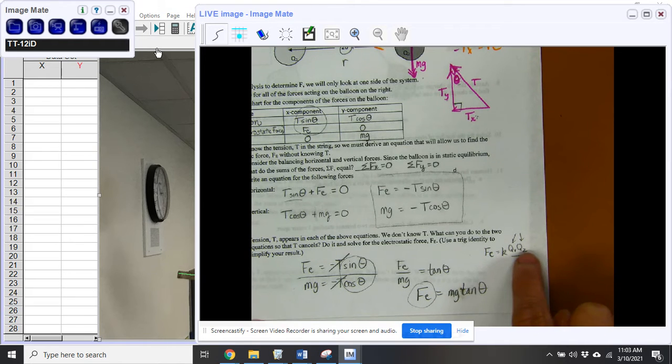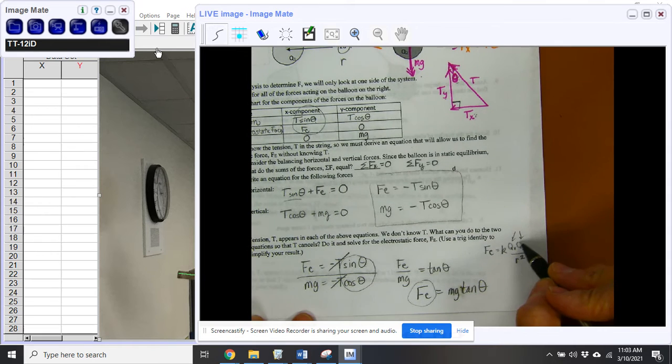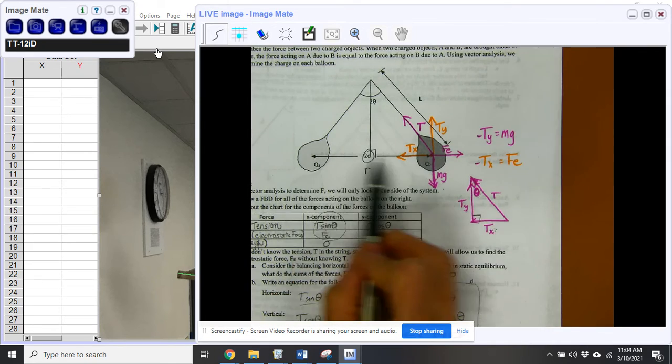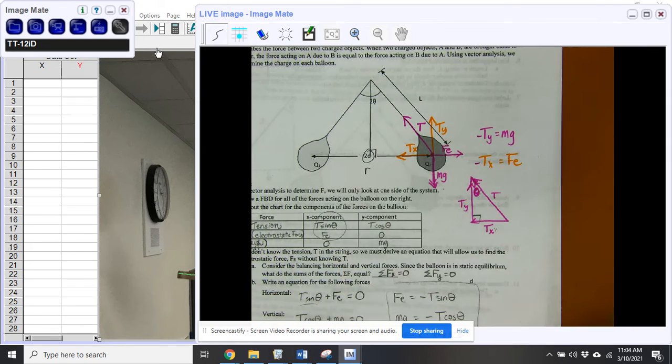We're going to assume that the Q, the charge of the balloons, are the same. So you're really only going to be solving for a single Q, so it'll be Q squared in the numerator. This R is the distance between the two balloons.